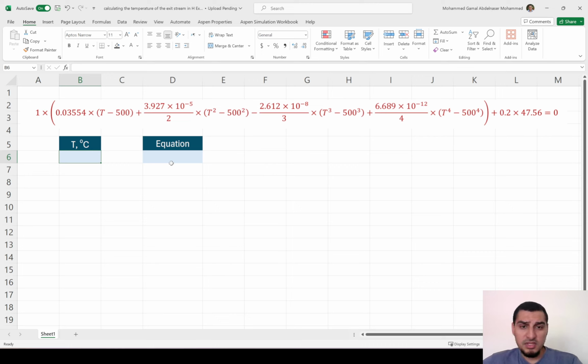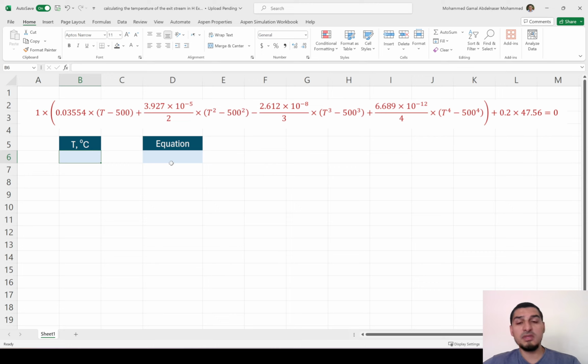So the simplification would be very difficult, and even if we are able to simplify it, it would be a fourth order equation, an equation that has a temperature to the power of 4. So it's not an easy equation to solve. So the option that we have now is to solve the equation using the trial and error method, or by iterative solution.